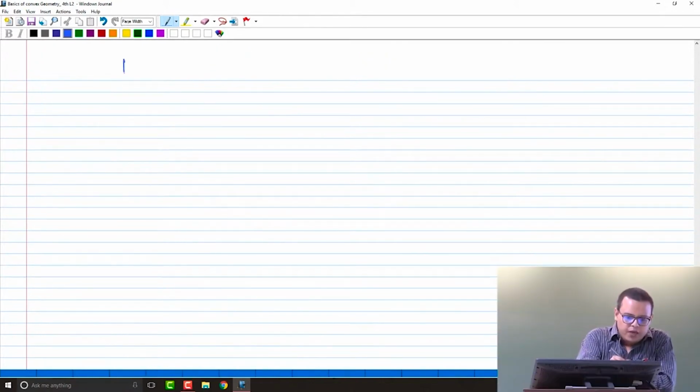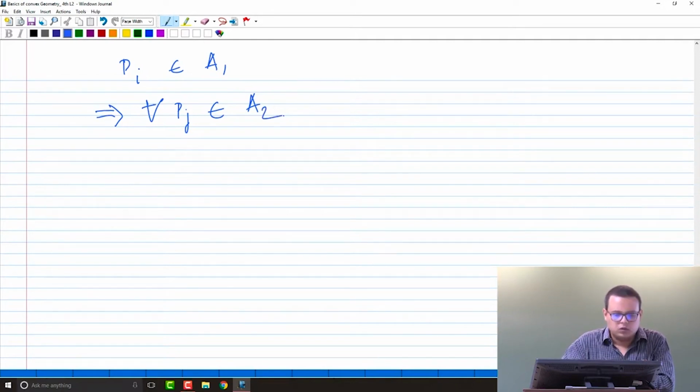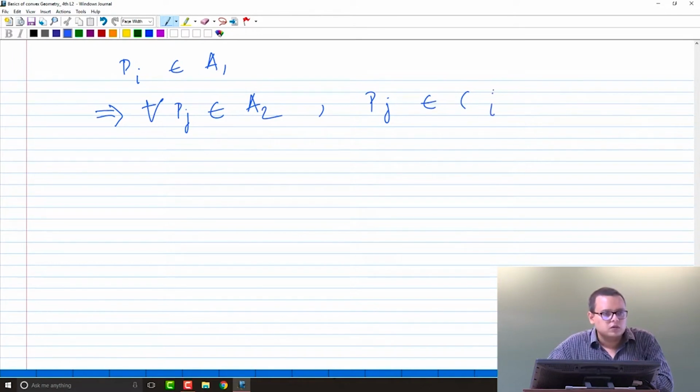See, I know Pi belongs to A1, that implies for all Pj's belonging to A2, Pj belongs to Ci. See, Pi is not in A2 because Pi is in A1. That means all the Pj's that are in A2 have to belong to Ci.